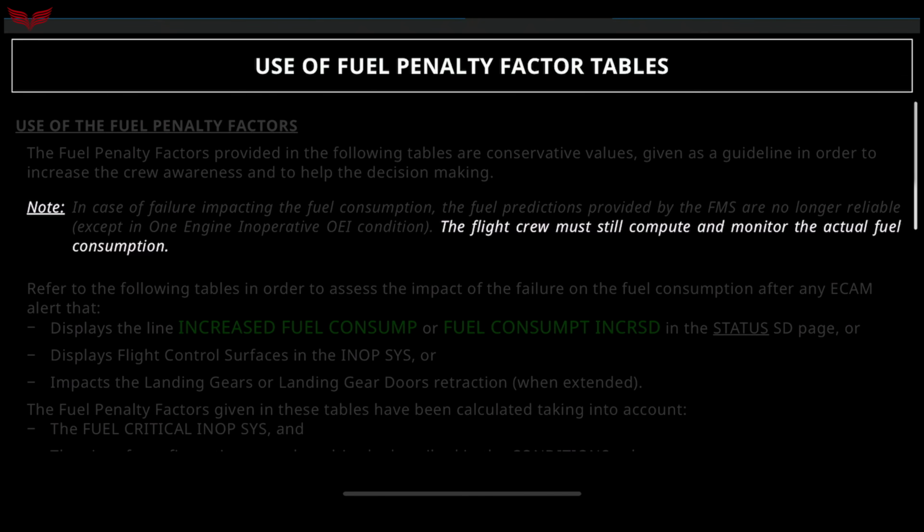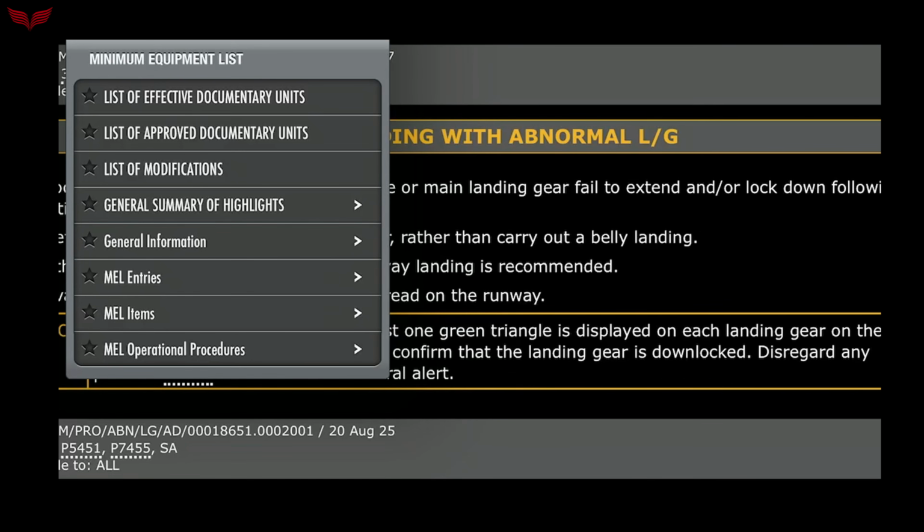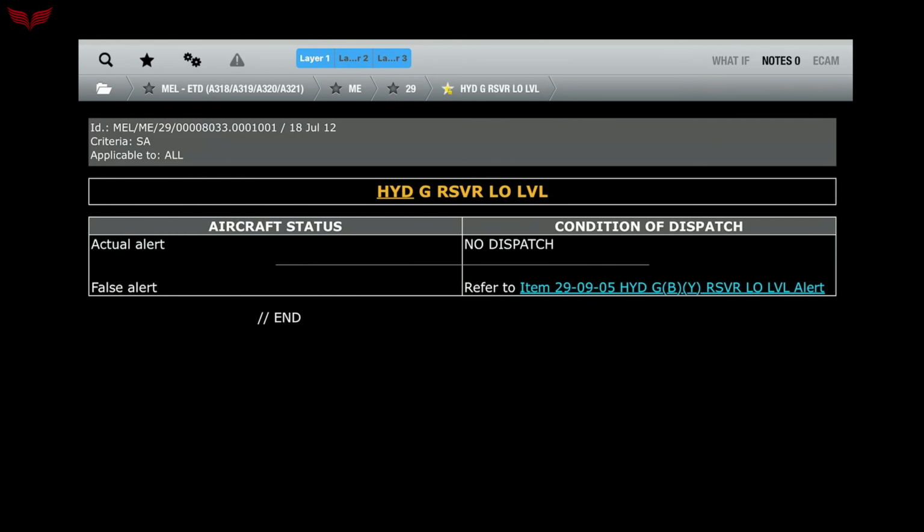In a small QRH note, it's clearly stated that the flight crew must still compute and monitor the actual fuel consumption. MEL. We need to check the MEL for a possible no dispatch situation. That is absolutely obvious in this particular scenario, but let's do it anyways. Clearly stated, no dispatch.